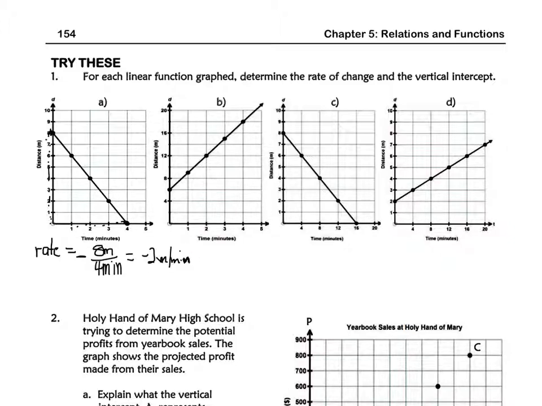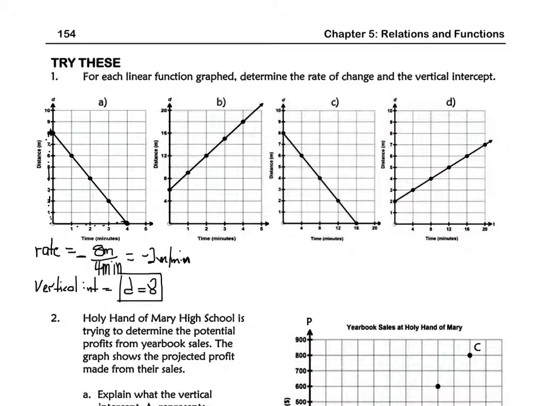And the vertical intercept would equal 8. Y equals 8, or D I should use, because it's distance. D equals 8.